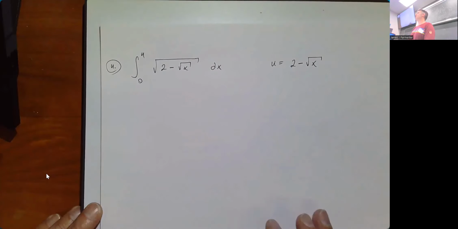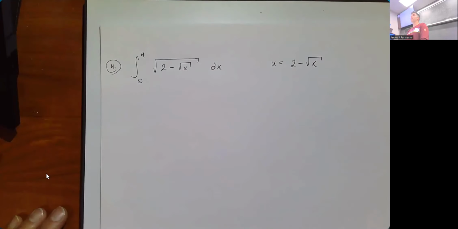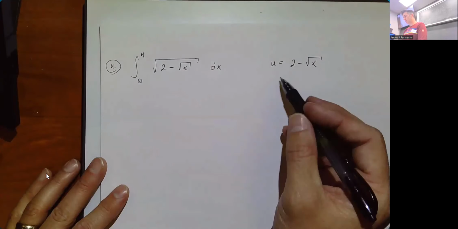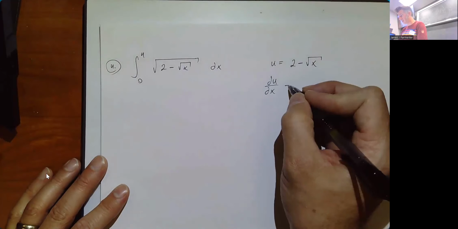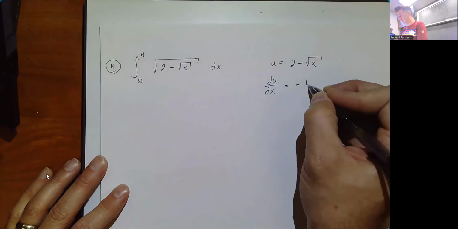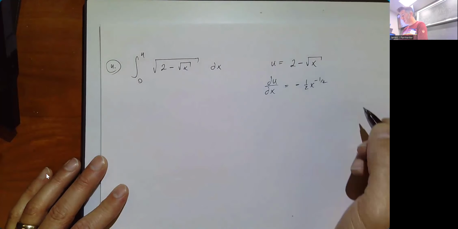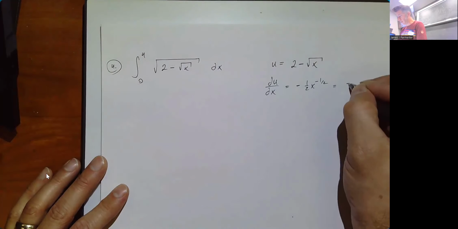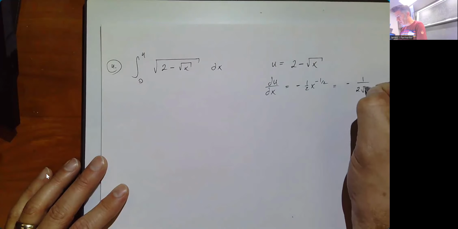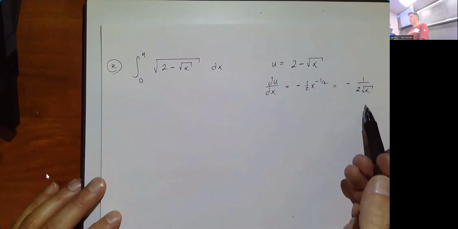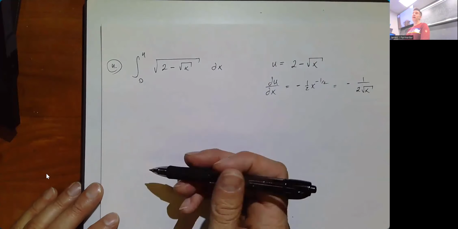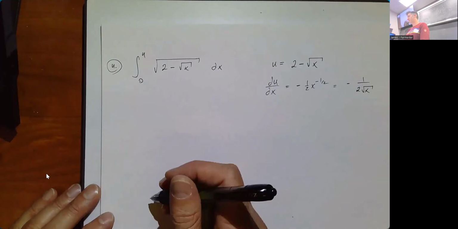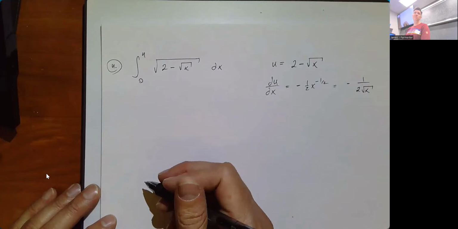You can, and some people do it that way, but du dx is going to be negative 1/2 x to the negative 1/2, or negative 1 over 2 times the square root of x. That's not showing up anywhere in here. It's not helpful.